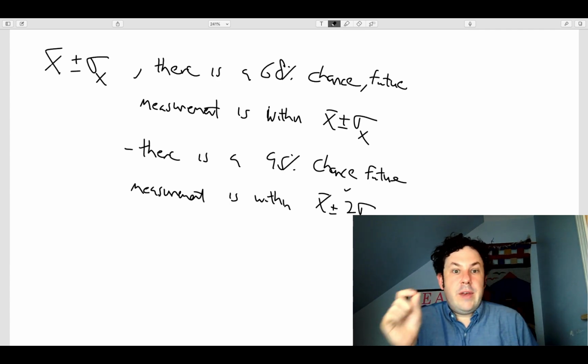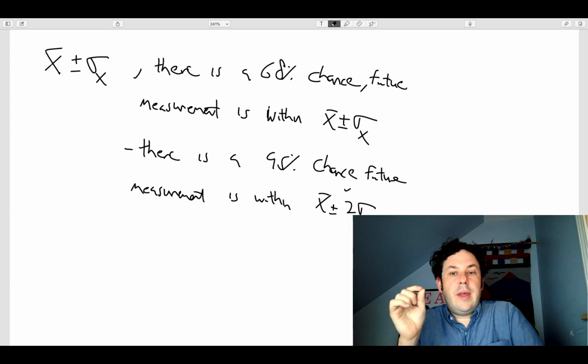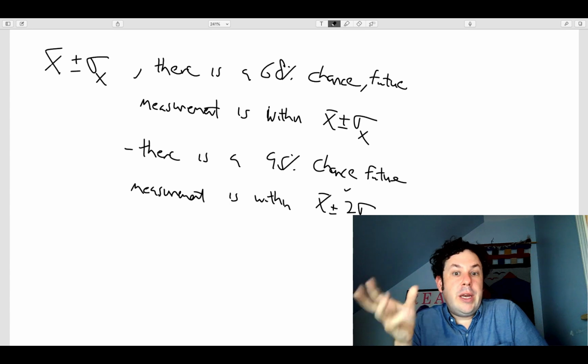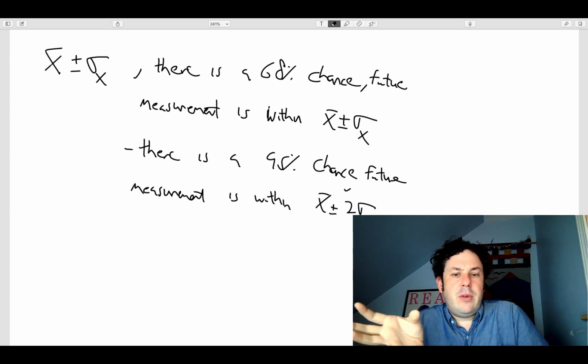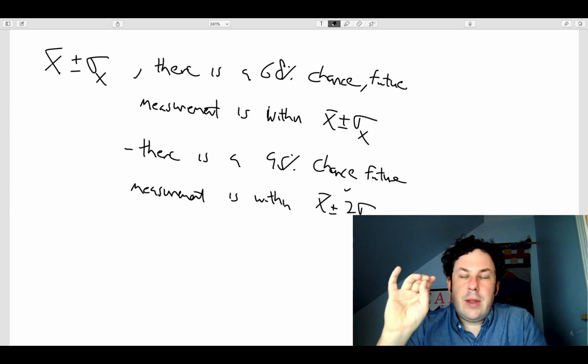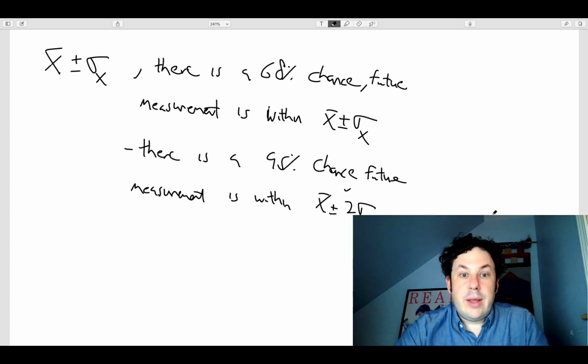So the standard deviation can really tell you the future in a way. It can help you predict what future measurements would be. Not to absolute certainty. Of course, there's nothing absolute in statistics, but it can tell you with a 95% probability that any new measurement will be within the average plus or minus twice the standard deviation.